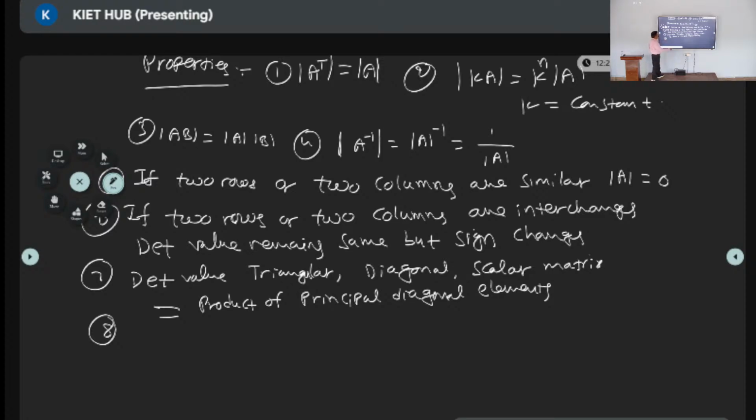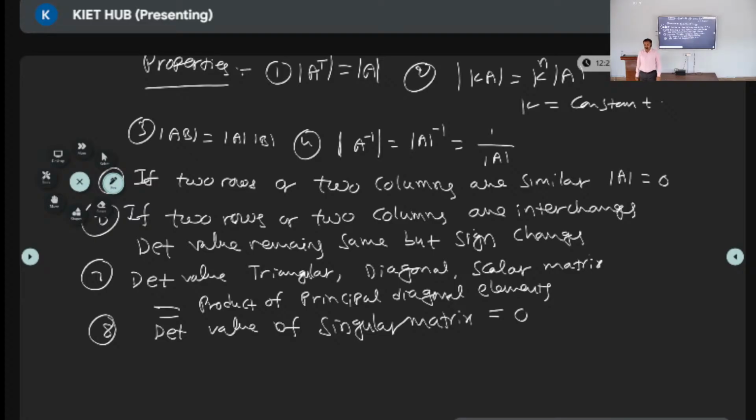Next, determinant value of a singular matrix. What is the determinant value of the singular matrix? 0.